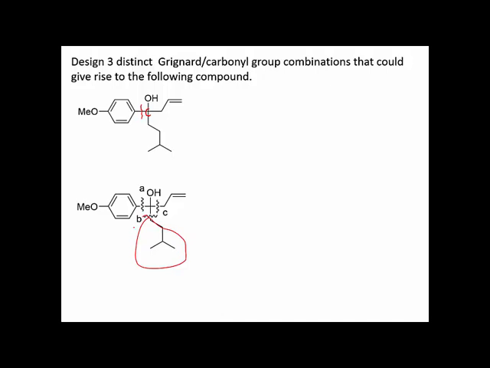So here are the combinations. Combination A, which we discussed before, is the aryl or aromatic Grignard plus the ketone that has all the other things in it.